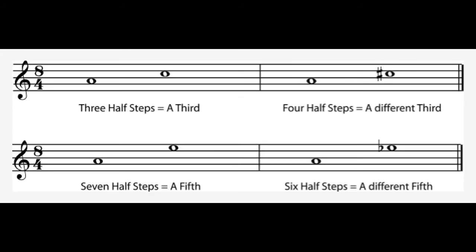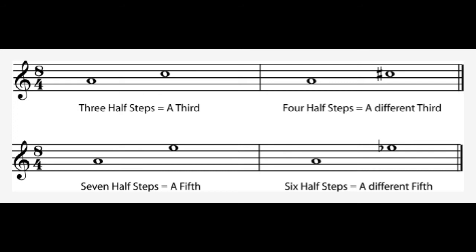So far, the actual distance in half steps between the two notes has not mattered. But a third made up of 3 half steps sounds different from a third made up of 4 half steps. And so a fifth made up of 7 half steps sounds very different from one of only 6 half steps.